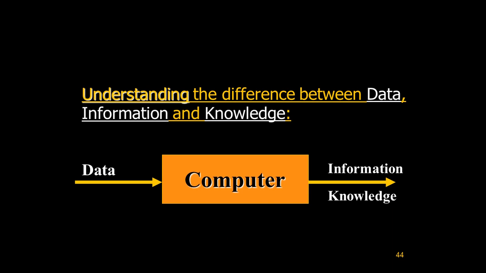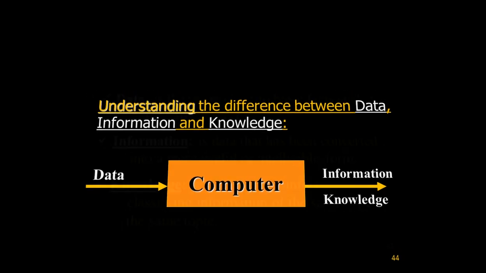Understanding the difference between data, information, and knowledge. Data is what you enter. I've entered A. Then, when it goes into processing, the computer will decide to make meaning out of it and say it's A. When that A is classified into a topic or unit, it becomes knowledge.